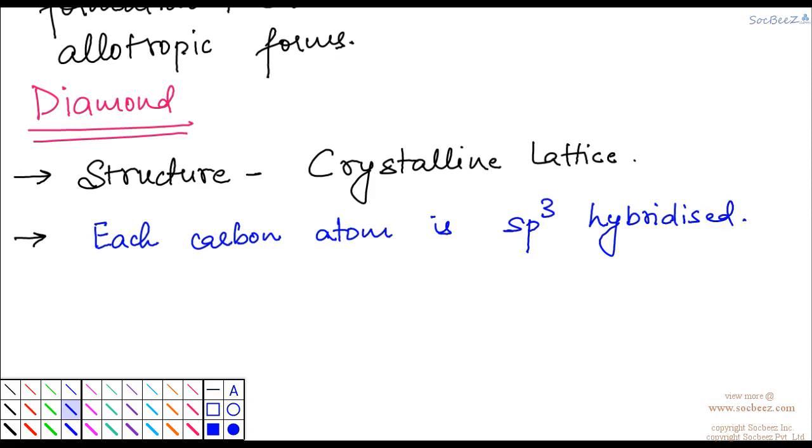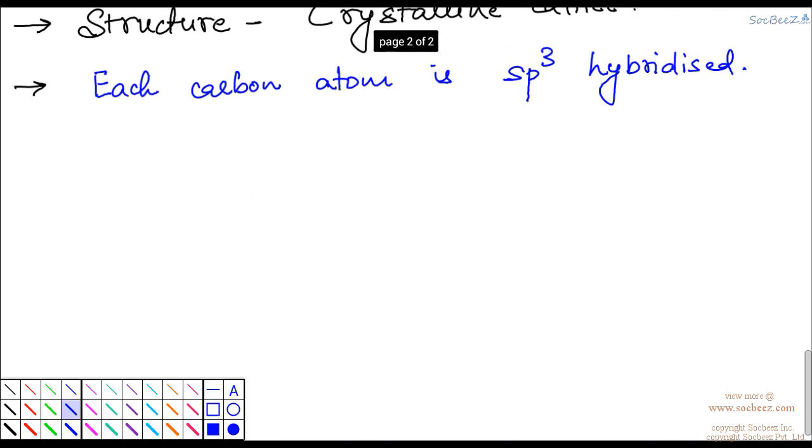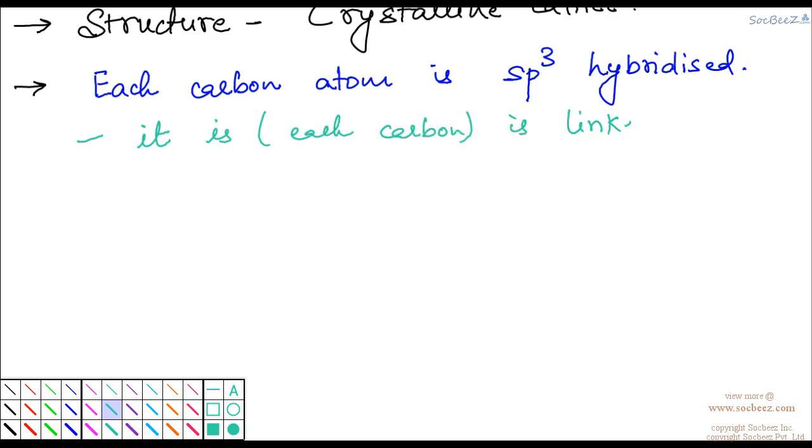By sp3 hybridized, we mean that each carbon is linked with four other carbon atoms.